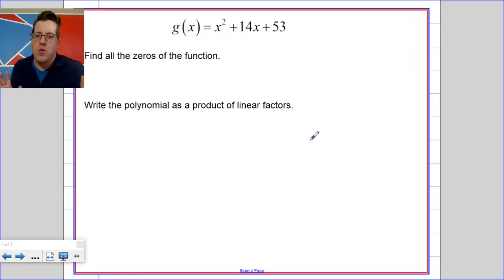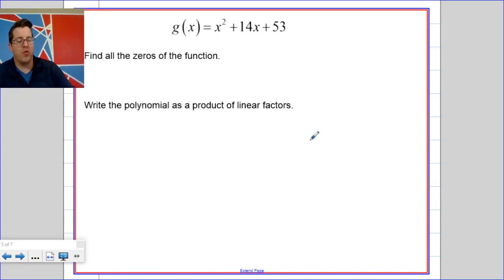Okay, so I want to show you a way that some of this shows up in your web assign. So for example, this says find all the zeros of the function. If you are looking at a quadratic, you don't need to mess around with any fancy stuff. You can just put that directly into the quadratic formula. If it factors, you can factor. If you love completing the square to factor, you can do that.